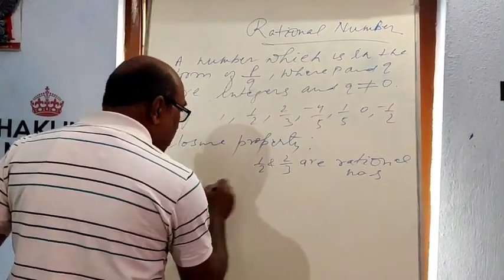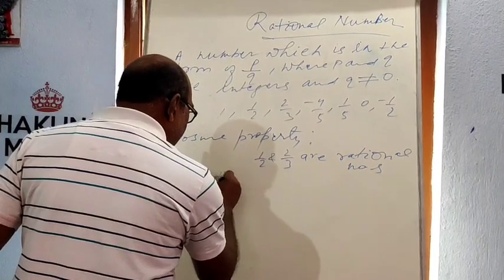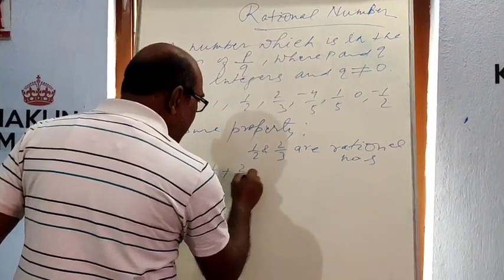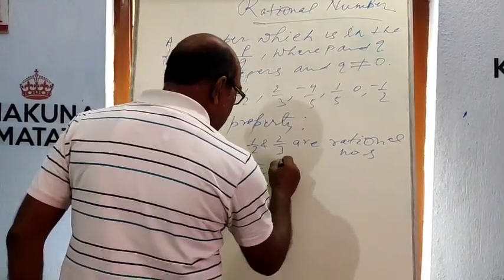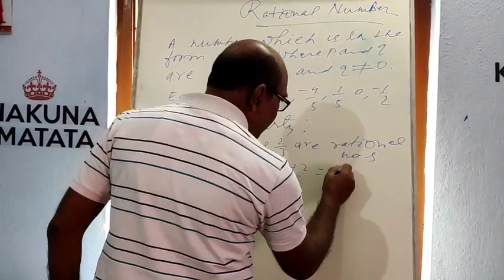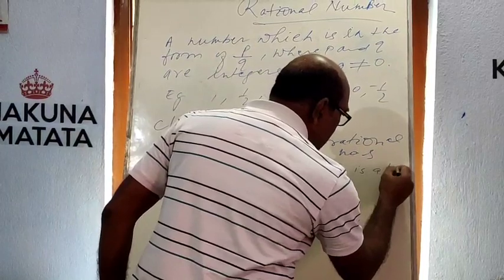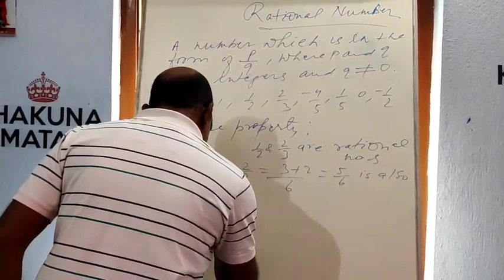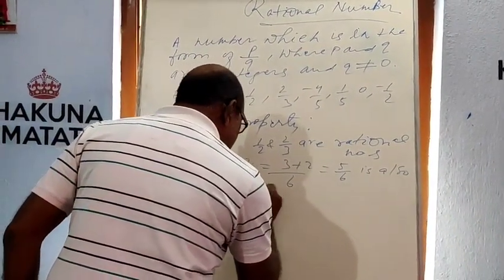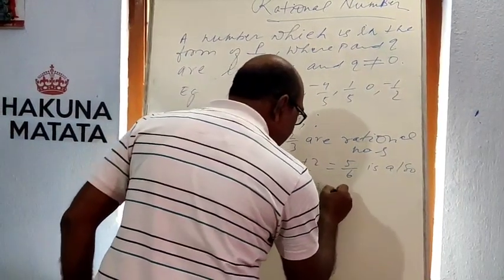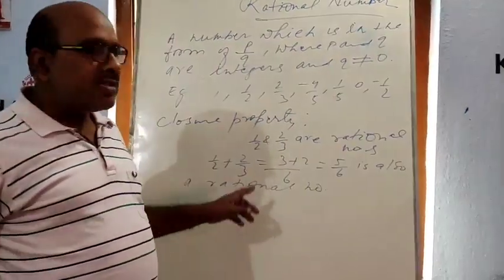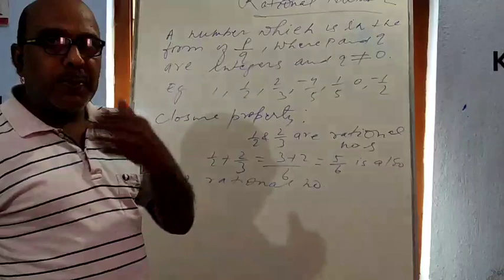And the sum of these two numbers, 1 by 2 plus 2 by 3, is equal to 3 plus 4 over 6, which is 5 by 6, also a rational number. Therefore, rational numbers follow closure property.